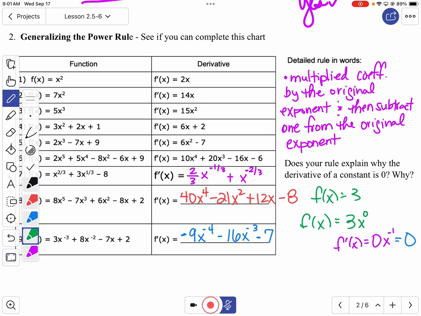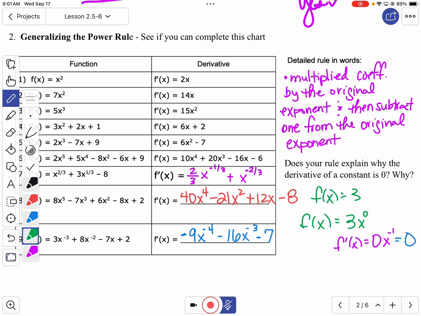Much better than that big, long limit definition. Agreed? Are there still lots of little places to make mistakes? If we don't multiply correctly, we drop a sign, we don't subtract correctly. There's lots of little places that we can make mistakes, so we just have to be careful.